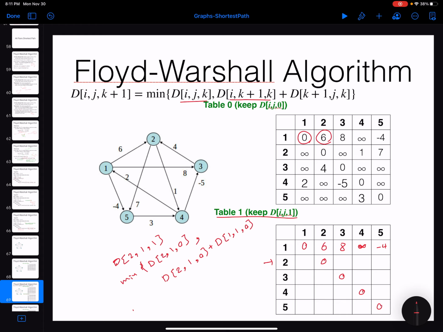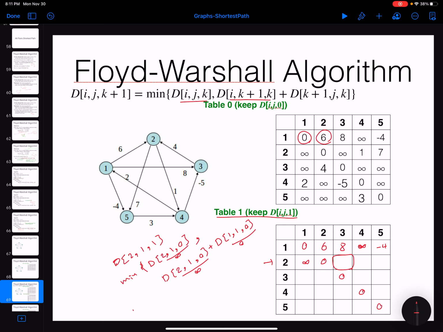Again, for this one, this is going to be infinite, this is going to be infinite, this is going to be 0, so this is going to be infinite. Not this one, but let's actually just check this one.